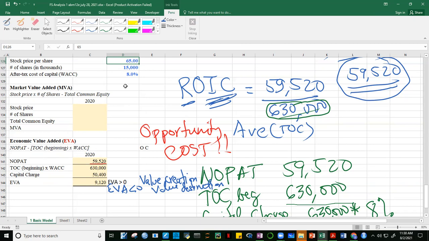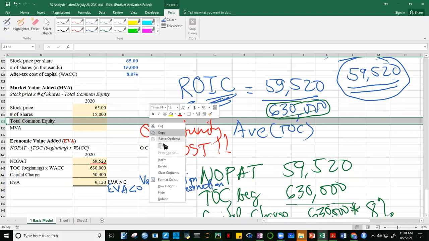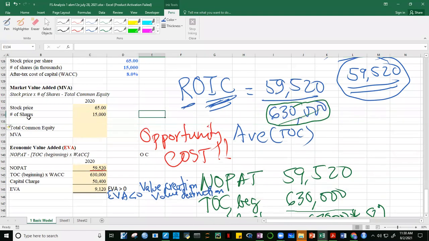So dito, listed kasi siya sa stock exchange. Meron na tayong figure dito. So it's 65 pesos per share. Number of shares niya is 15 million, kasi in thousands to. So anyway, I'll just read it as 15,000. So we can now compute for the market value, or we call it market capitalization.